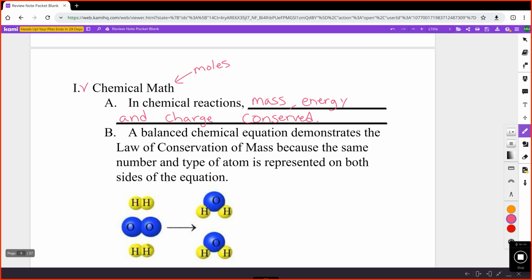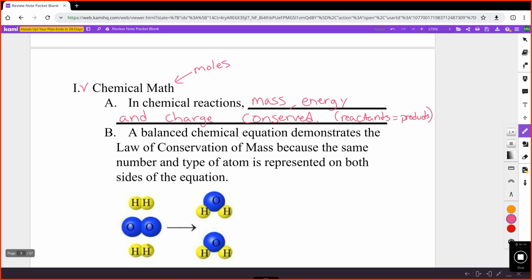So what I always like to say, and it won't make sense unless you understand everything that we just talked about, is that reactants have to equal the products. They can be assembled in different ways. They can have different temperatures.